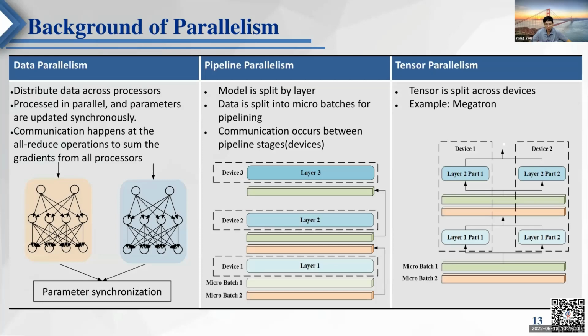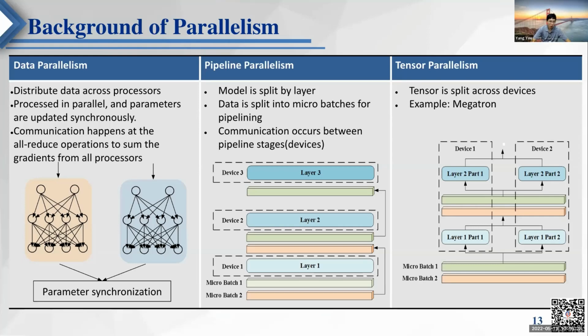Currently, the main parallel computing techniques for AI are data parallelism, pipeline parallelism, and tensor parallelism. Data parallelism is very easy and the most widely used approach. We partition the data to different processors, and each processor computes its own gradients.